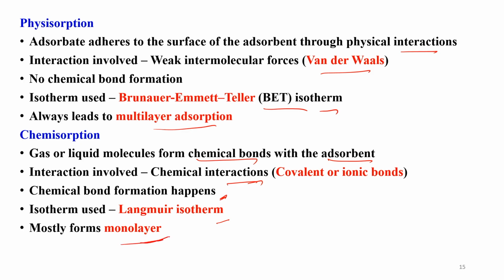As this is very specific to chemical bond formation, mostly it is monolayer, unless there is a secondary chemical reaction taking place on the pre-adsorbed layer, then only it can be multilayer. Once all the active sites are covered, typically that reaction should cease.